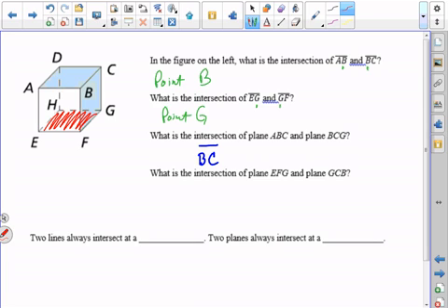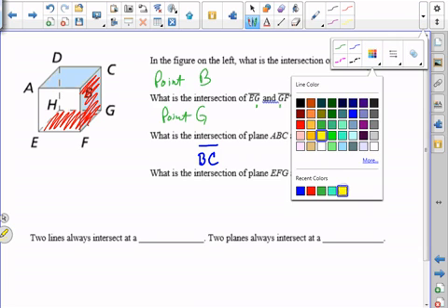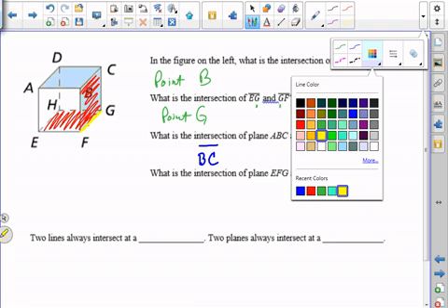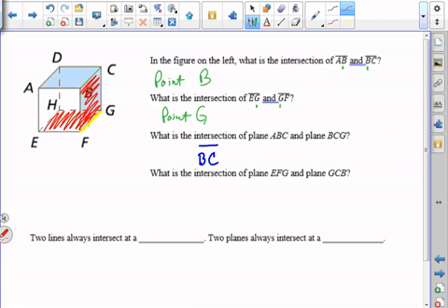And GCB would be this right here. So again, you can see that the planes don't intersect at a point the way the line segments did. These are intersecting at a line. So in this case, we could say line segment FG or GF, whichever one you wanted to say.